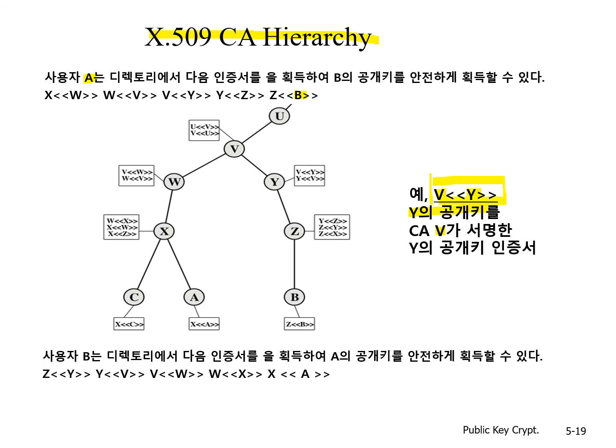So Alice wants to obtain Bob's public key. But Z signs the public key, and Alice does not know Z's public key directly.